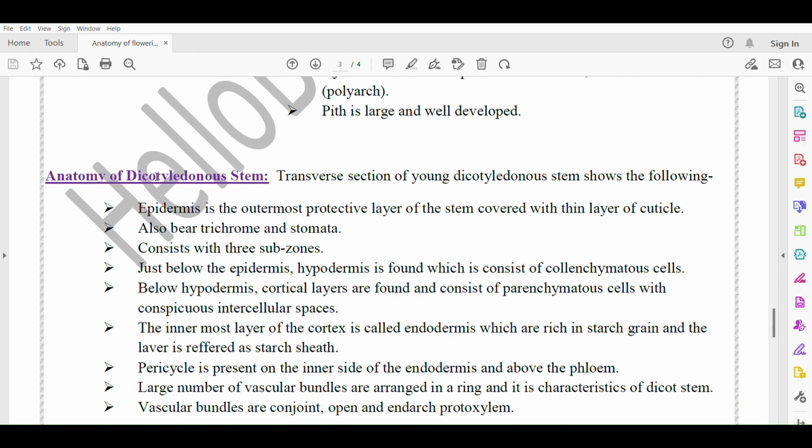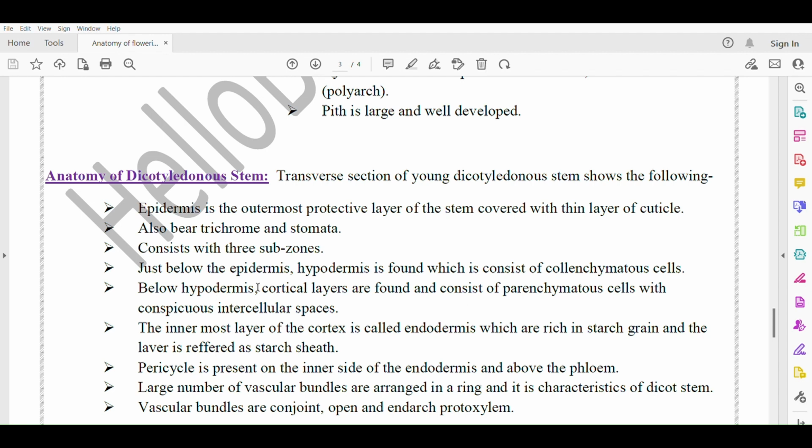Anatomy of dicotyledonous stem. Transverse section of young dicotyledonous stem shows the following characters. Epidermis is the outermost protective layer of the stem, covered with a thin layer of cuticle. It also bears trichomes and stomata. The cortex consists of 3 subzones. Just below the epidermis, hypodermis is found, which consists of collenchymatous cells.